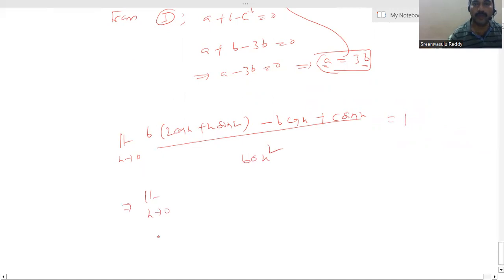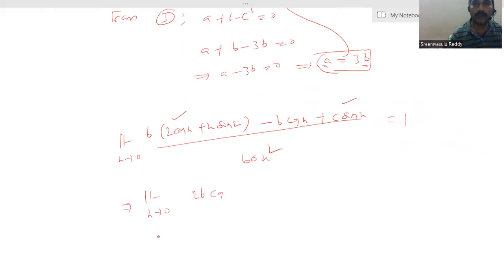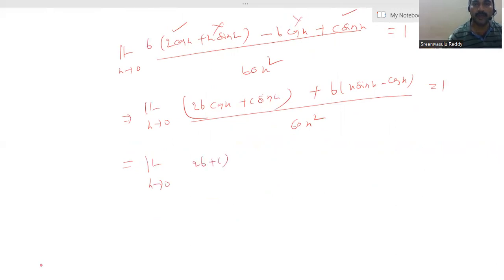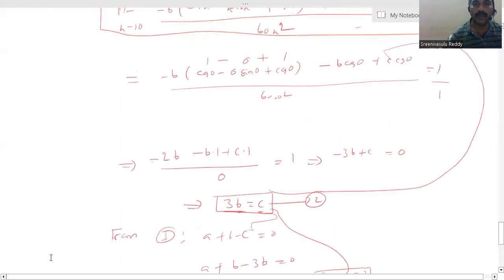You rearrange this equation. You take first term, this term, 2b cos x plus c sin x, one pair. You take other equations, this and this. We have a common factor b, x sin x minus cos x, by 60x square equal to 1. Here you take a common factor, limit x tends to 0, cos x as a common factor, 2b plus c, sin x plus c or minus c.